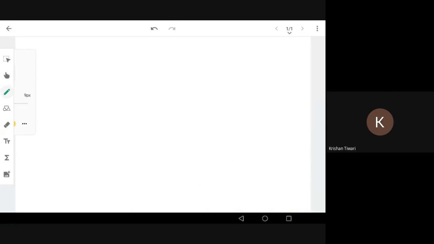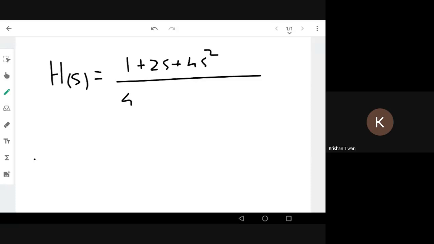H(s). For example, here H(s) is something like 1 plus 2s plus 4s squared over 4s raised to 4 plus 3s cubed plus 2s plus 5, etc. So we cannot perceive immediately where the poles are located, because there are around 4 roots here.